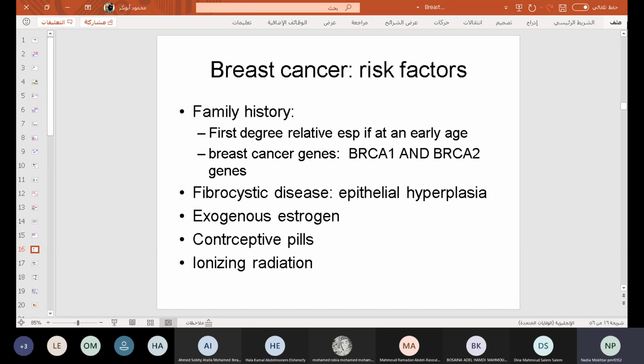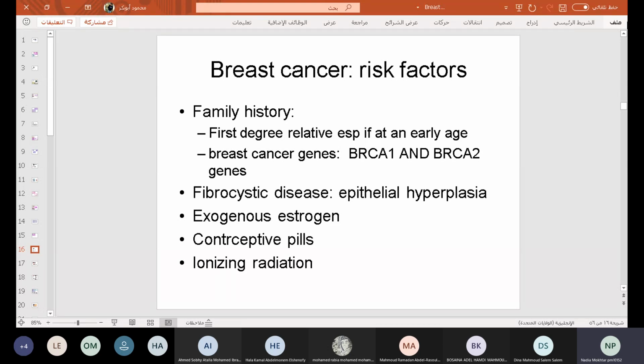So what are the genetic changes in the breast that can cause cancer? We have two genes. Breast cancer gene 1 and breast cancer gene 2, or for short BRCA1 and BRCA2. These are now very famous. People are seeking to test them to see if they are exposed or more liable to cancer or not. These two genes normally are found in the breast because they protect the breast from genetic disorder.